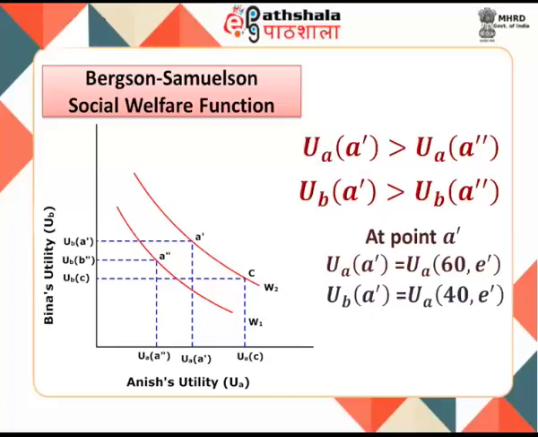Anish's utility at point A dash will depend upon 60 units of market goods and E double dash units of environmental goods. Similarly, Bina's utility will depend upon 40 units of market goods and E double dash units of environmental good. The total social welfare at point A dash will be determined by the individual utilities of all the members of the society, which are Anish and Bina in our example.